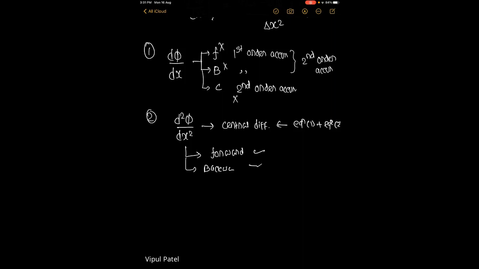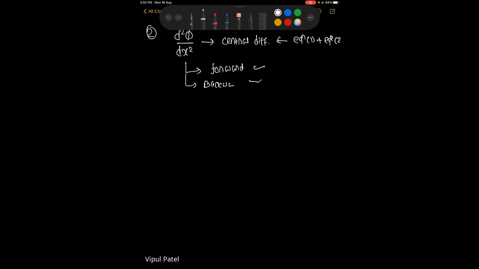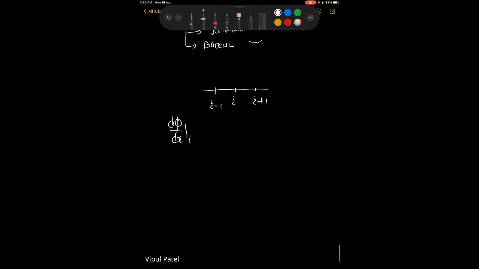One thing is for sure, if you consider one-sided approximation, for example these are our nodes I plus 1 and I minus 1, in order to define d phi by dx at any node I with forward difference approximation, we have considered only two nodes, one at I and one at I plus 1. Similarly for d phi by dx with backward difference approximation we have also considered only two nodes, one at I and one at I minus 1.